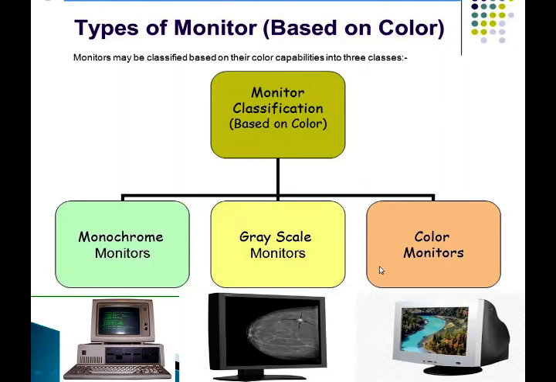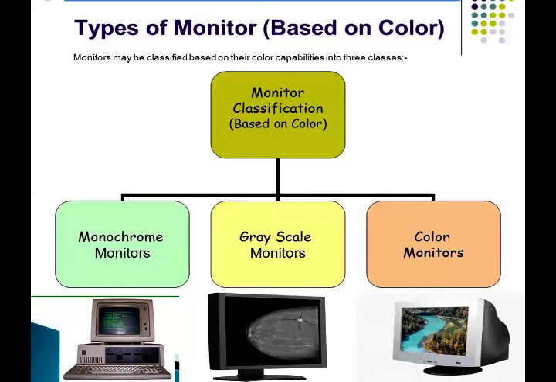Number three is color monitor. A color monitor is a display monitor capable of displaying many colors. In contrast, a monochrome monitor can display only two colors, one for the background and one for the foreground. Color monitors implement RGB color. RGB is the abbreviation of red, green, blue.